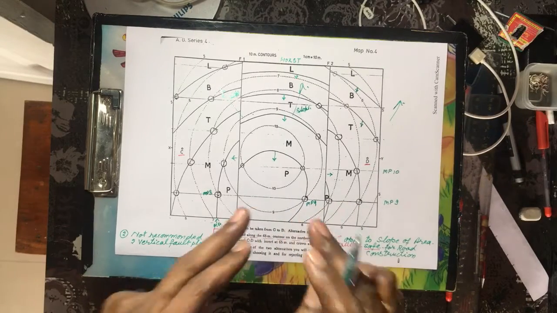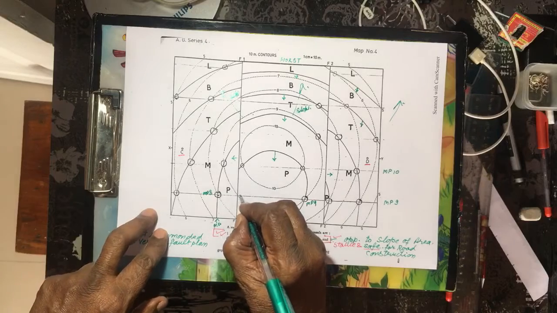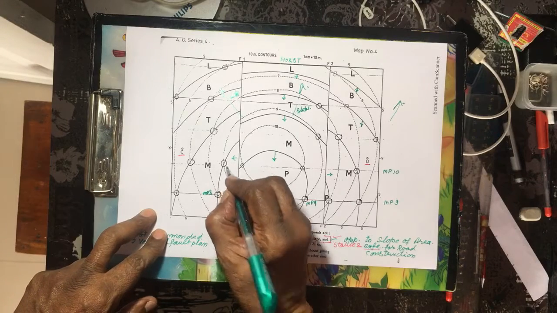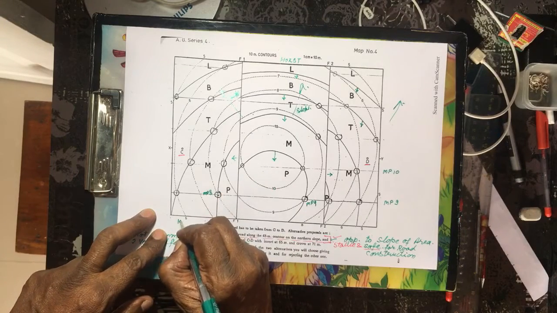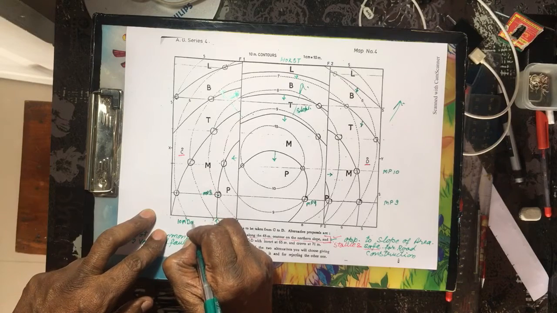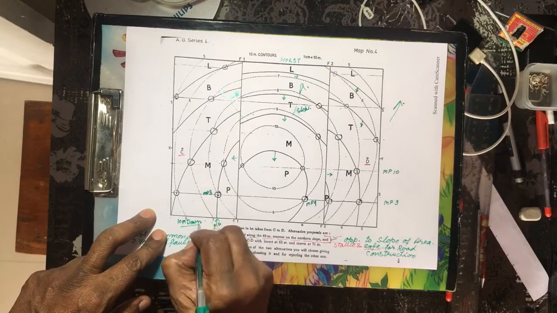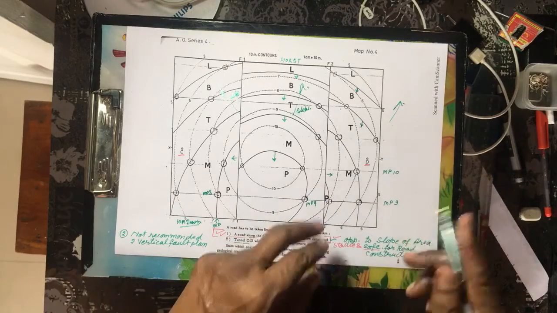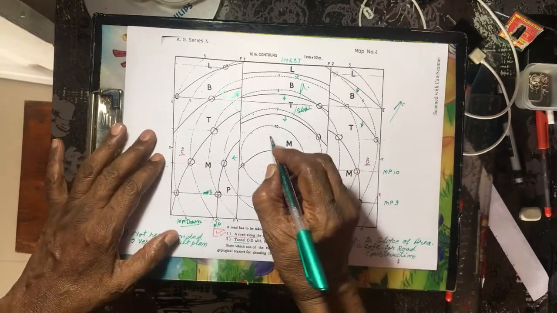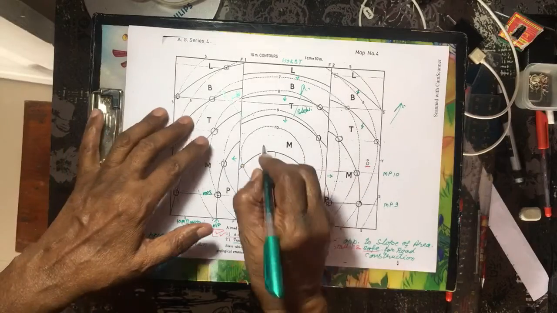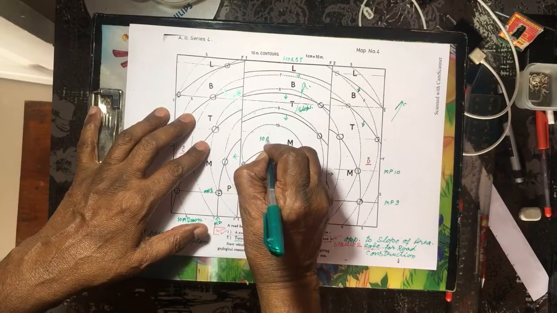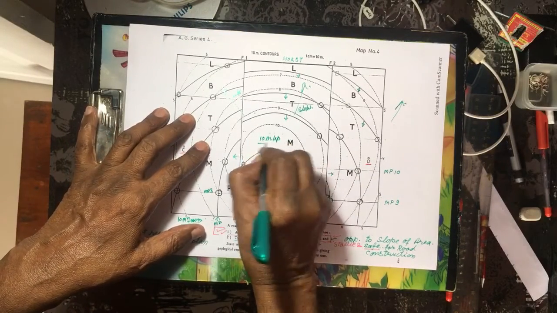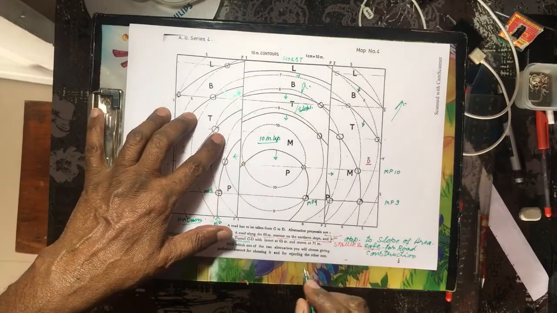So this is 10 meter above this one. This is 10 meter down this side, and here this is 10 meter up with respect to this block.